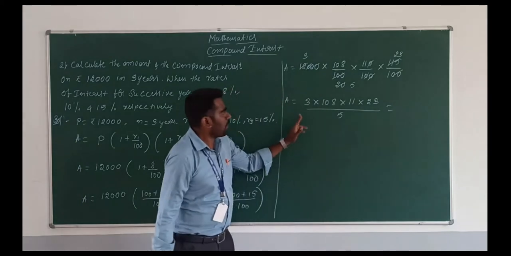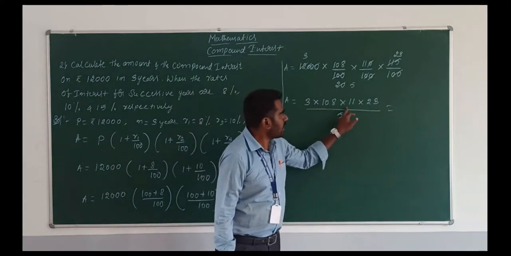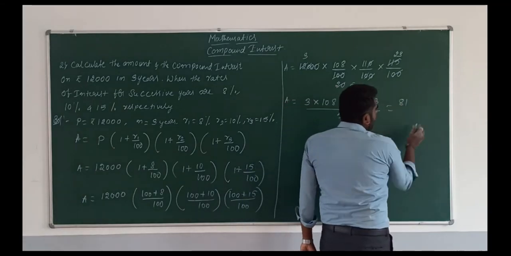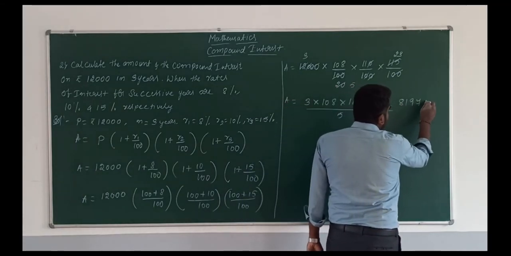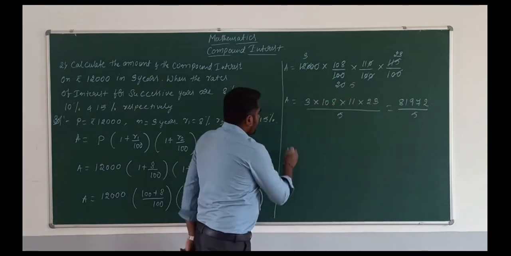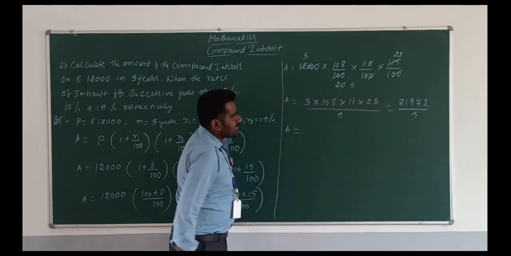So if we multiply 3 into 108 into 11 into 23, we will get 81,972 by 5. So again we have to do cancellation.